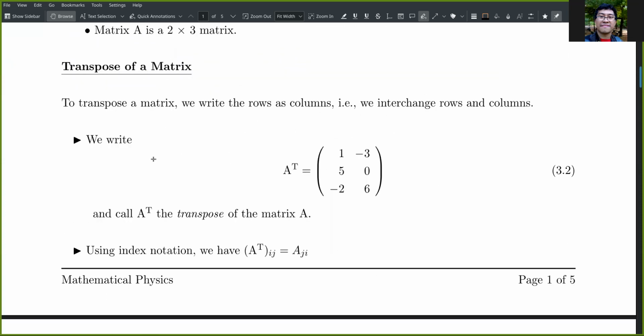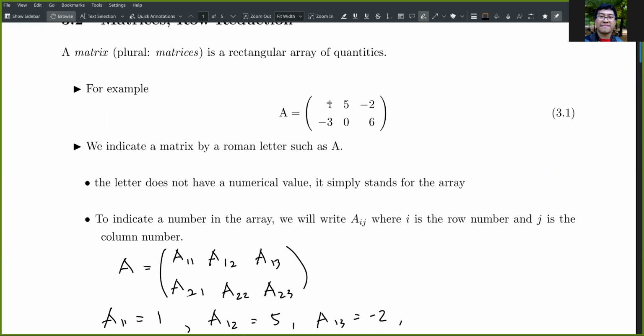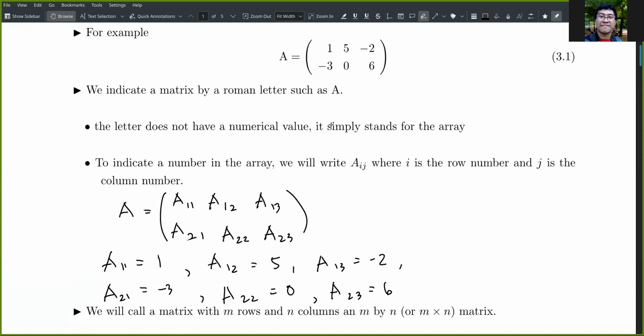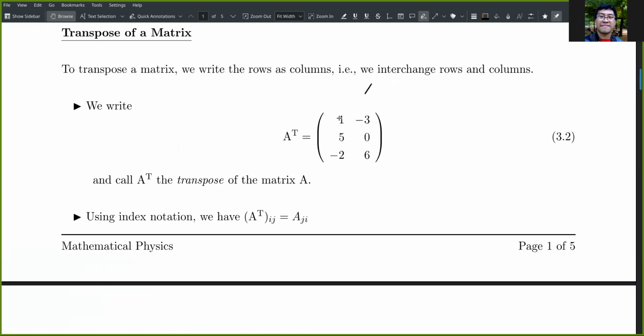Another definition is the transpose of a matrix. We write the rows as columns, or we interchange rows and columns. So if you have our matrix here, the row 1 5 minus 2 becomes the column 1 5 minus 2.